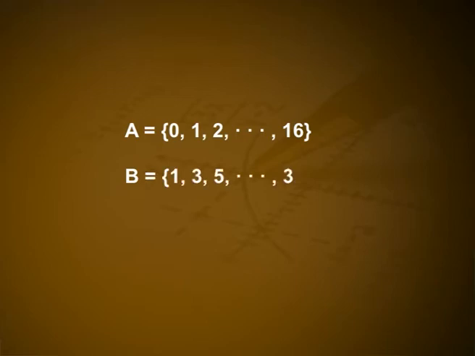Let A denote the event that at most 16 buffers are full and B denote the event that an odd number of buffers are full. Then A equals the set {0, 1, 2, ..., 16}. B equals the set {1, 3, 5, ..., 31}. A intersection B equals the set {1, 3, 5, ..., 15}.